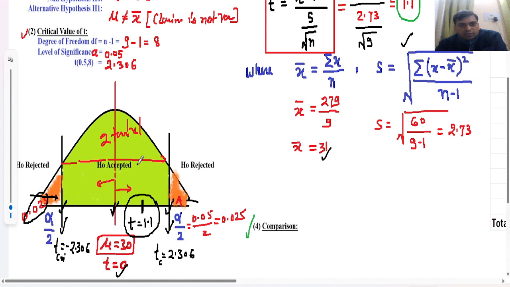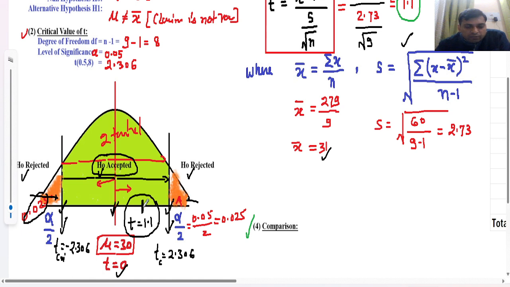And there are two regions. One is the acceptance region of H0, and the second is the rejection region of H0, because this is a two-tail test, so there are two sides for rejection of H0. Now you will see the location of this t. The location of this t is in the accepted region. This means this region, which I have already marked as H0 accepted.